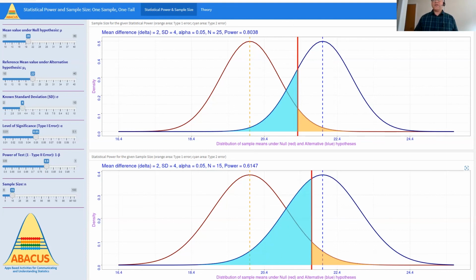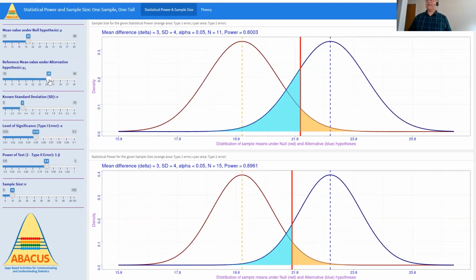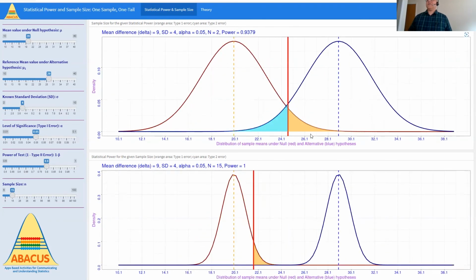So all the time, what you really want... now, the problem is that, for example, if I increase the difference, you can see we have decreased the cyan region. That means if we have a big difference, then of course our statistical power is quite high, because most of the distribution is on this side.